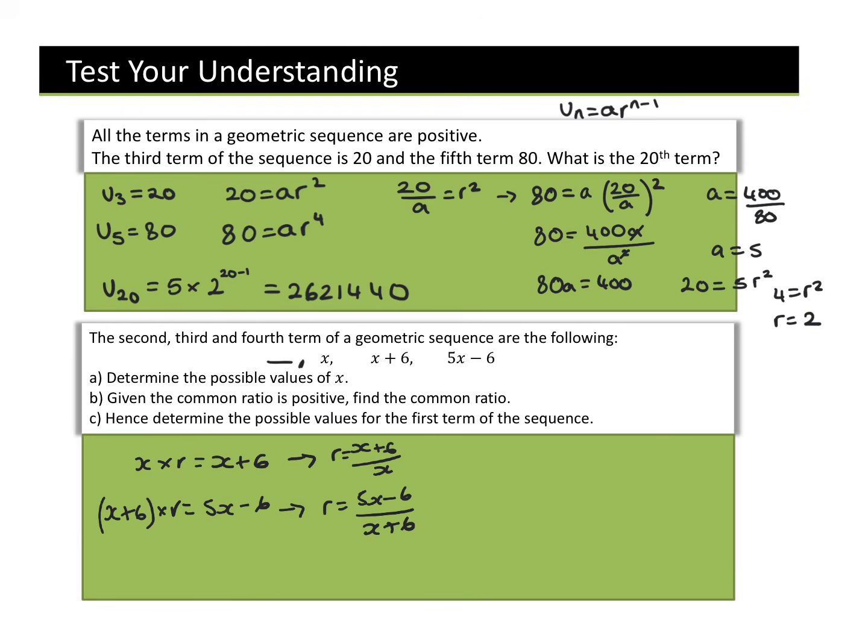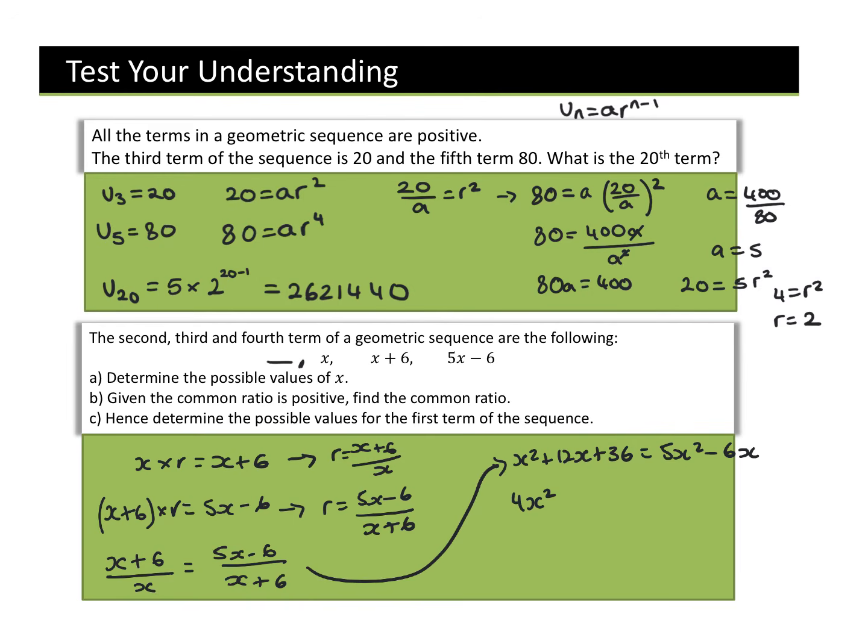What we can now do is put these equal to each other. x plus 6 over x equals 5x minus 6 over x plus 6. I'm going to multiply both sides and expand, and I'm going to do this rather quickly. So we're going to have x squared plus 12x plus 36 equals 5x squared minus 6x. I'm going to move everything to the right-hand side: 4x squared minus 18x minus 36 equals 0.